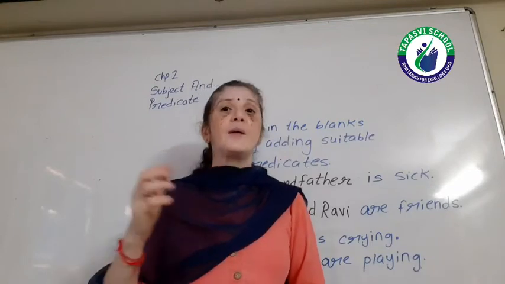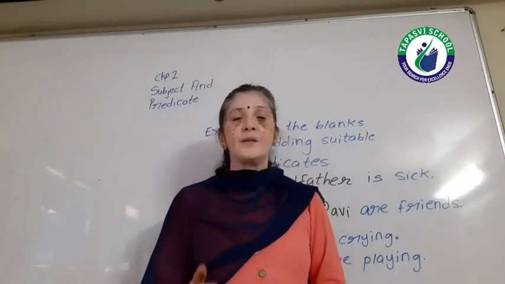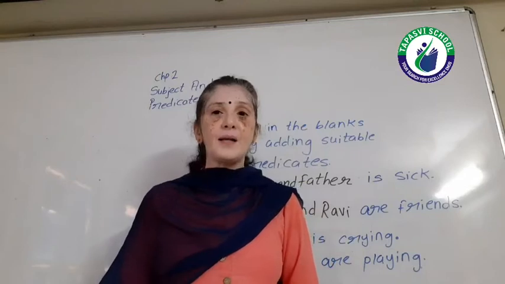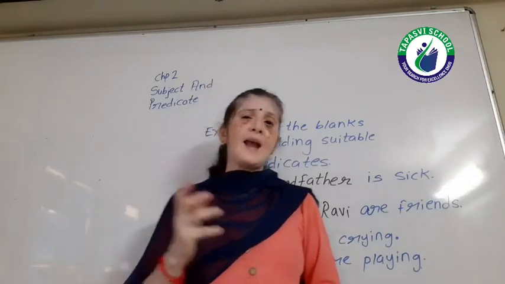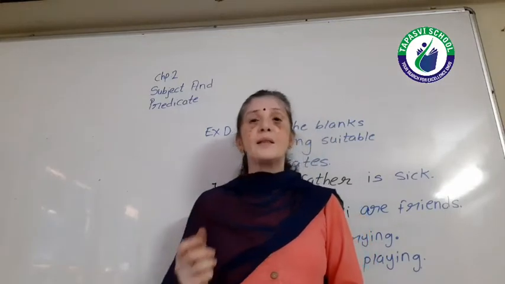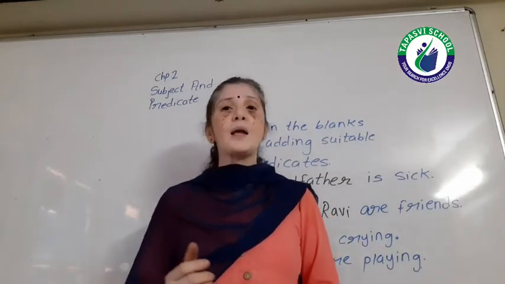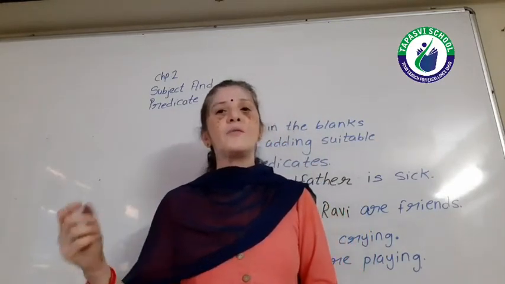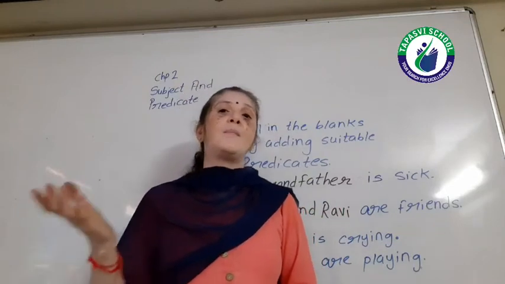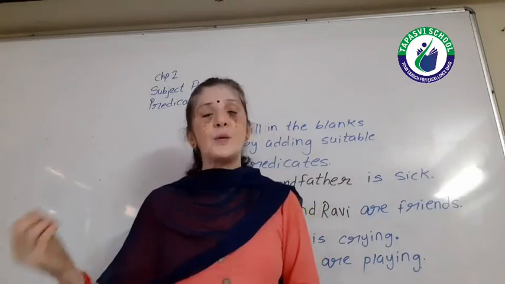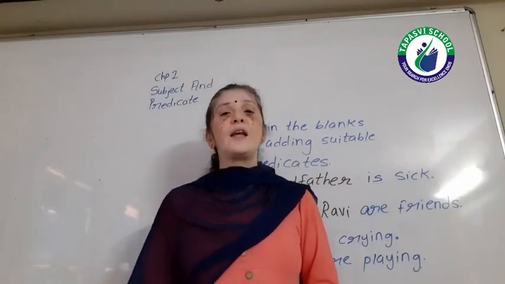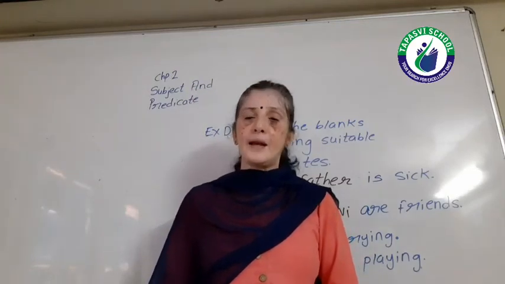So we can add the book is interesting, the book is very famous, the book is big in size. We can write any predicate for that. Sixth one, Lata Mangeshkar. What predicate can we add? Lata Mangeshkar is a singer. Lata Mangeshkar has a sweet voice, right? So we can add any predicate.